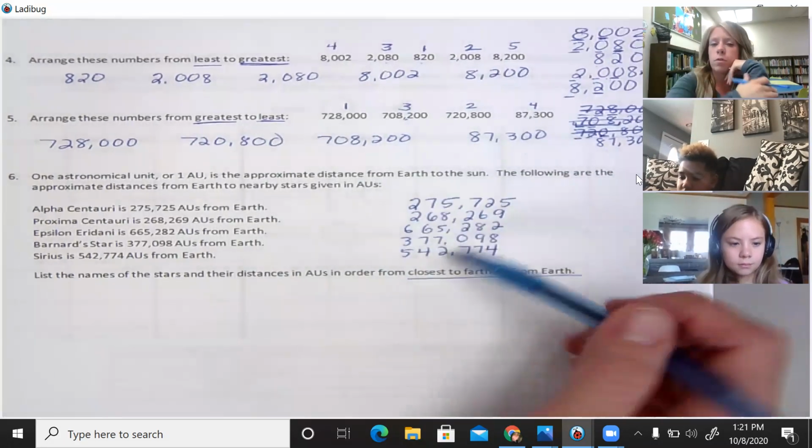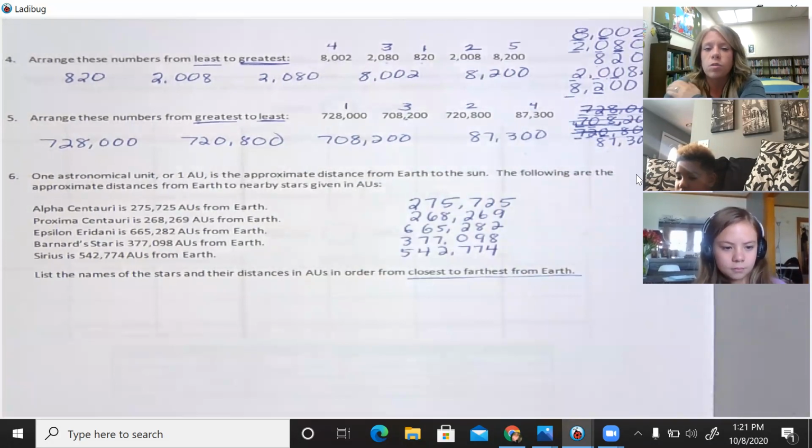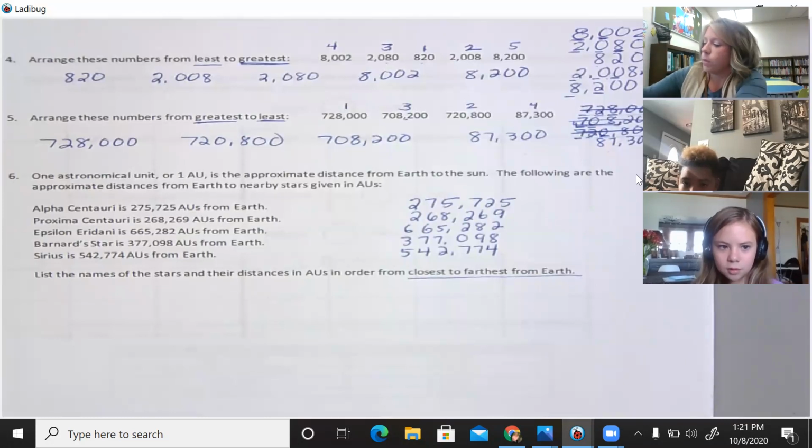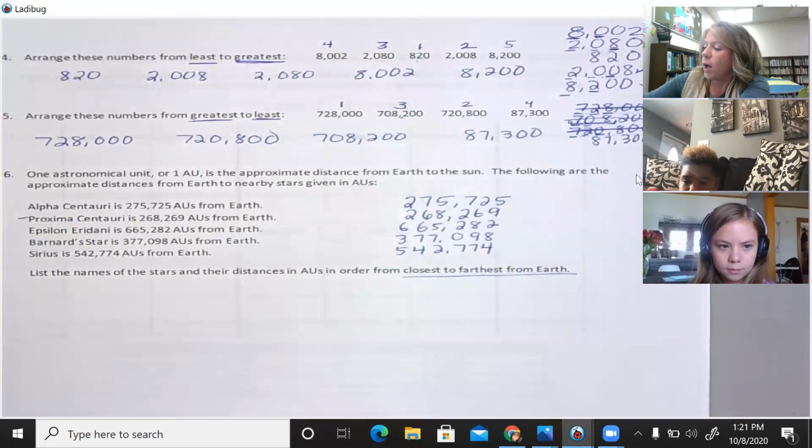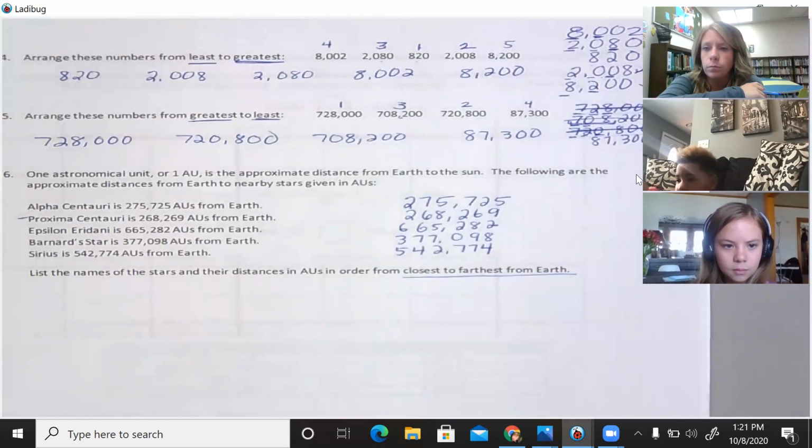So go ahead and look at these numbers. Which one do you think is the smallest and why? Proxima. This one? Yes. Okay, Nina, why do you think that's the smallest number?